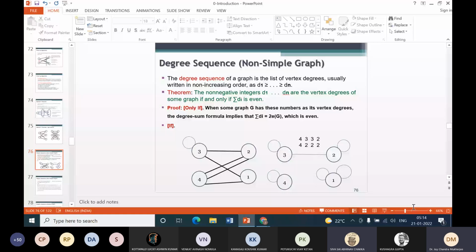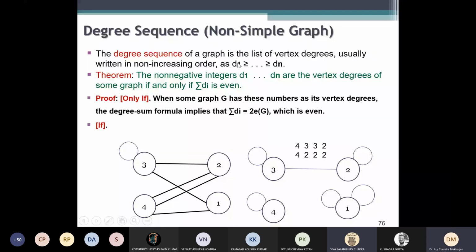The degree sequence of a graph is a list of vertex degrees, usually written in non-increasing order as d1 through dn. So basically, suppose you are given an n vertex graph.